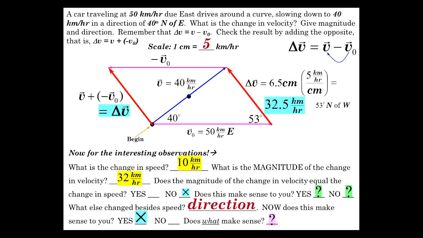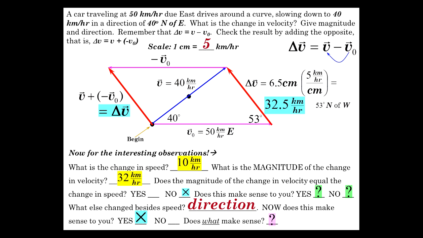And here's the thing. This magnitude of the change in velocity is not how much the speed changed. The speed changed from 50 to 40, but because we have a directional change, the velocity changed even more. And this is real. It actually changed by 32.5 kilometers per hour.